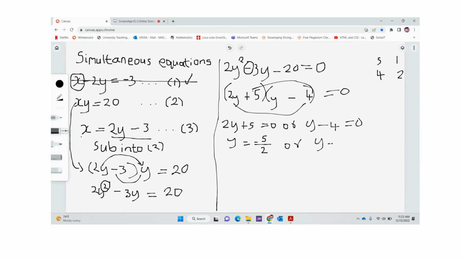So another mistake that most of you do again is that after you've solved one variable, then you forget to solve the other. We just solved for y, we haven't solved for x. So you always have to remember to go and solve for the other variable. We just found y, then we need to go back and find x. So it would be advisable not to use 1 or 2.